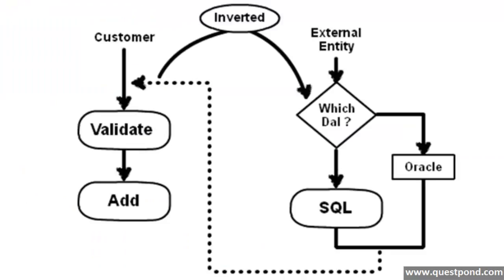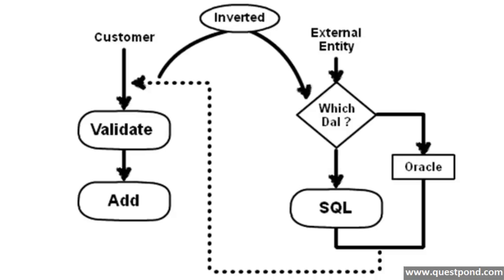This is termed as IOC, that is inversion of control. So now it is the work of the client, or I'll say the invoker, or I'll say the static void main, to decide which data access layer object has to be passed. And if you visualize this scenario more carefully, the customer class now takes care of its own logic, and the unconcerned logic, that is deciding which data access layer has to be created, is now passed to the external entity.